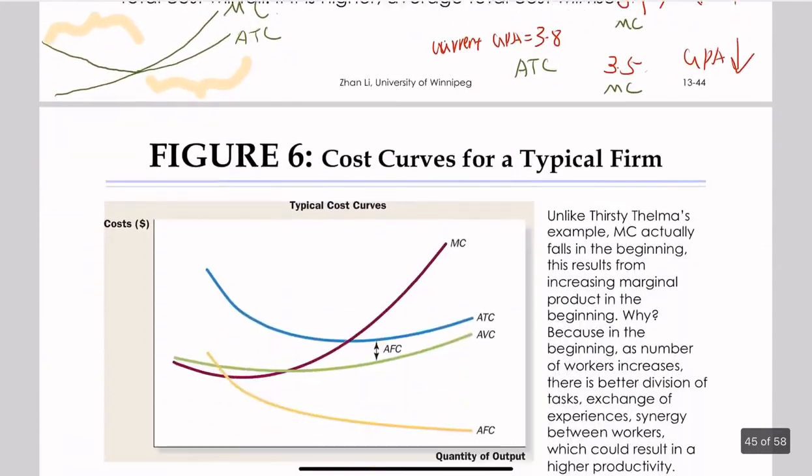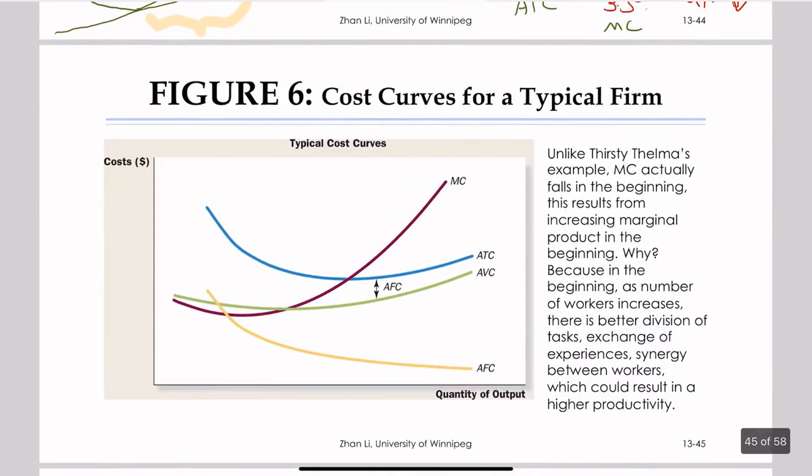So for a typical firm, their cost curves would be like this. What you can see here is for a typical firm, it's possible that the marginal cost will actually decrease in the beginning. Right? If you look at this section here, you can see that marginal cost decreases if you increase quantity, right?